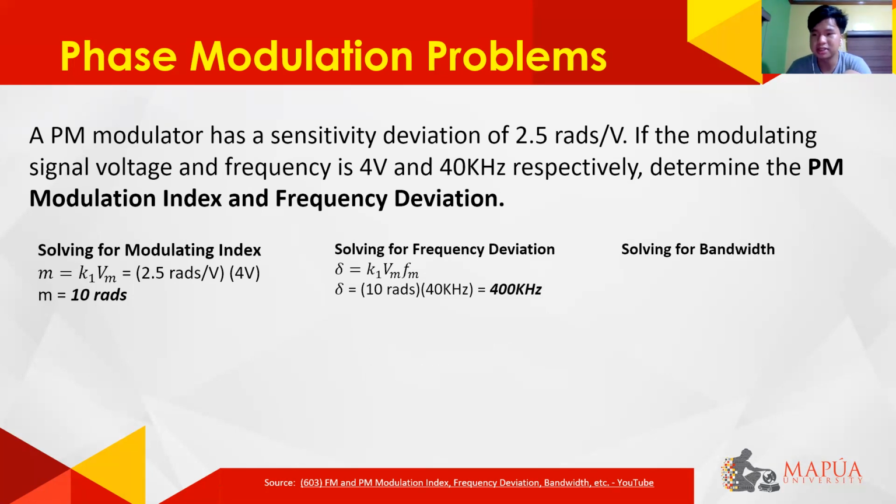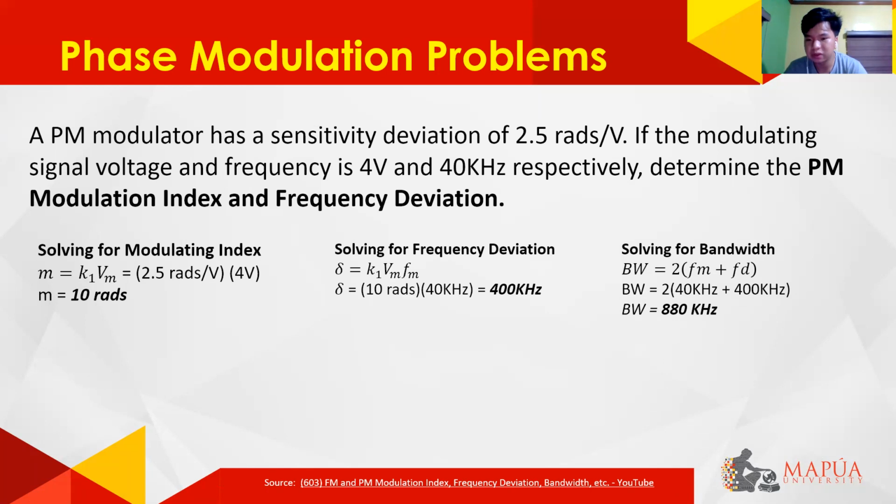Okay, let us now solve for the bandwidth. We will be using Carson's law. This is a different form, but it is the same. The bandwidth is 2 times fm plus fd. Again, we just substitute the values. We have 40 kilohertz as the modulating frequency, and 400 kilohertz for the frequency deviation. Be mindful of the prefixes.